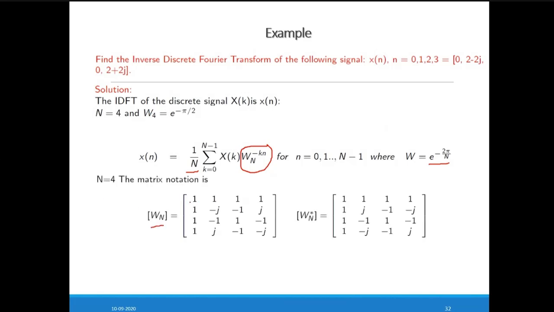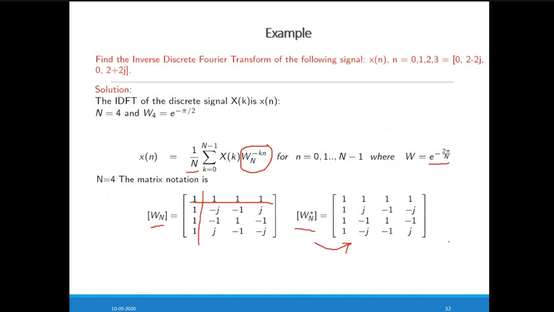1, 1, 1, 1. First row is 1, first column is 1, and the remaining values. Now we have to find the complex conjugate of this omega n, or the complex conjugate of the twiddle factor matrix, which is given by this matrix. Please note this down. This we have to utilize for the solution of the example.